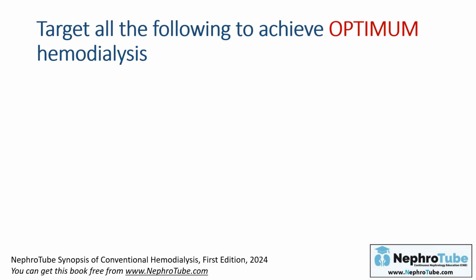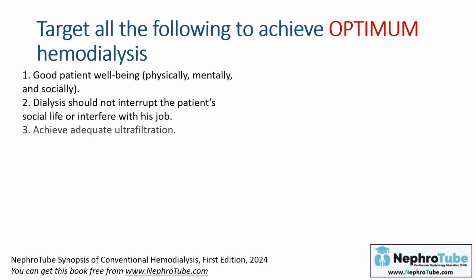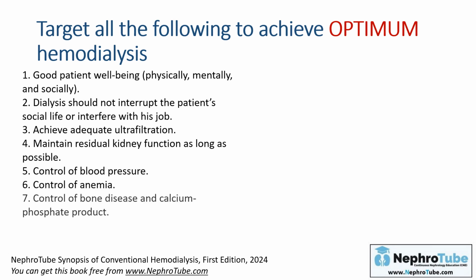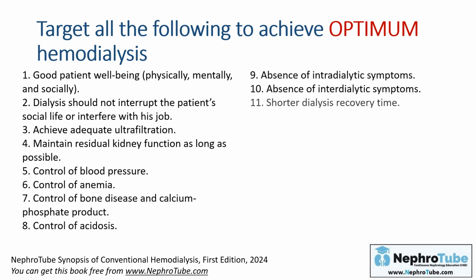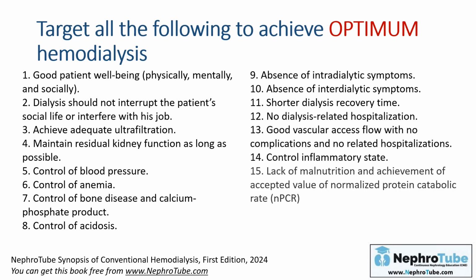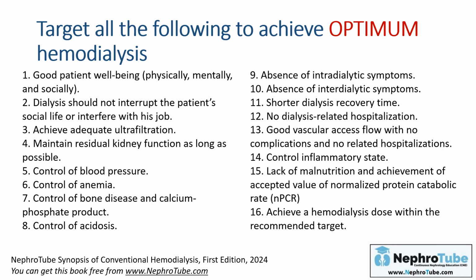First, I want to highlight what are the targets to achieve optimum hemodialysis. Actually, we have a lot of targets that we have to achieve to get an optimum hemodialysis.